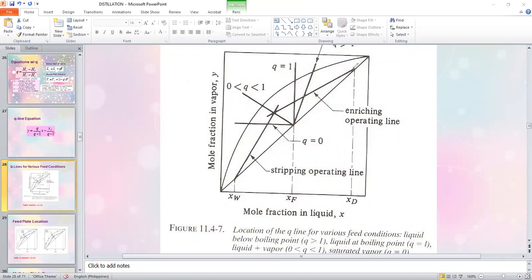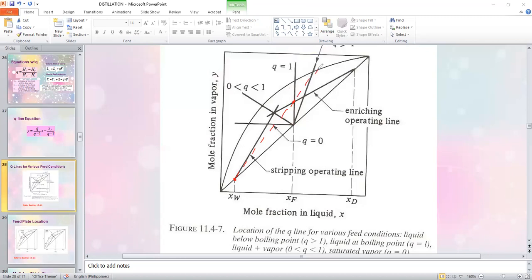The intersection of your enriching section operating line and this feed line would be this, right? If your feed is saturated liquid, what happens is you just connect the X sub W point here of your stripping section operating line to this point.